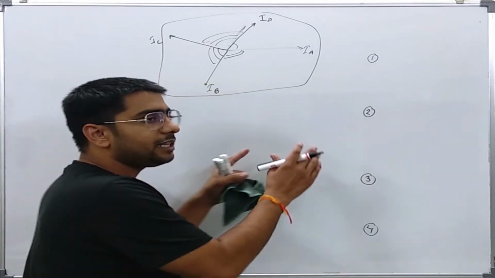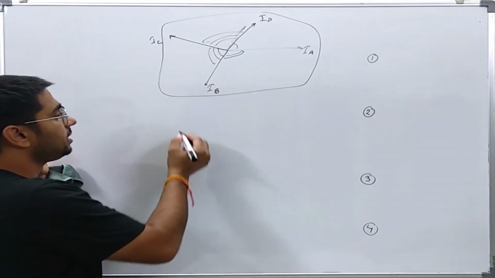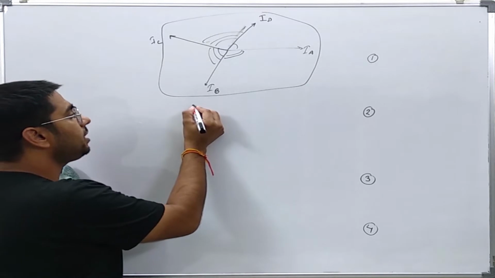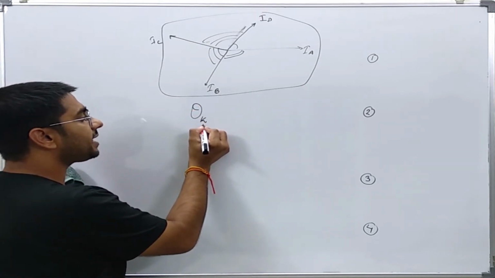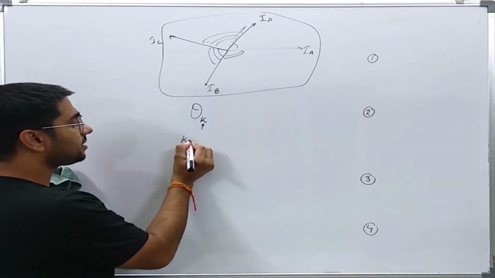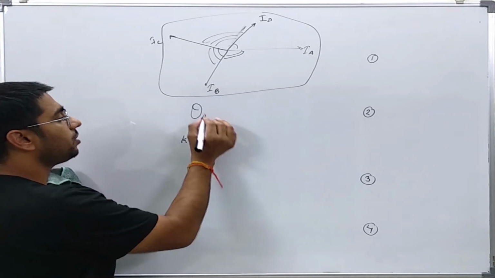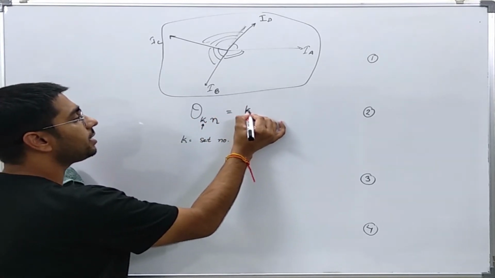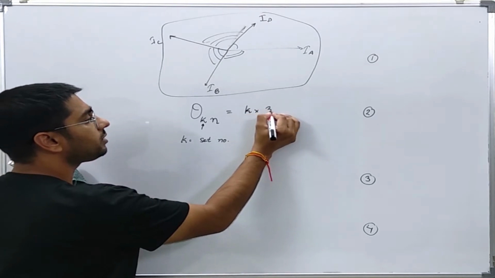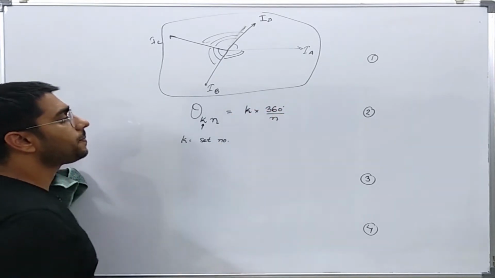So, other than the two-phase system, the angle between the phasors of set number k, for a set of n phasors, is given by k into 360 degrees divided by n.